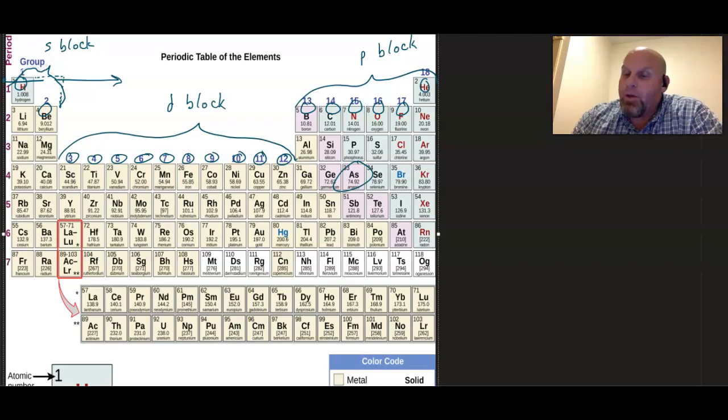So here I go. 1s2 gets me to here. Down, 2s2 gets me through there. There's nothing in the middle here, nothing here to go through. So now I'm still on period 2. This is the P block, so to get through the P block, it's 2p6.